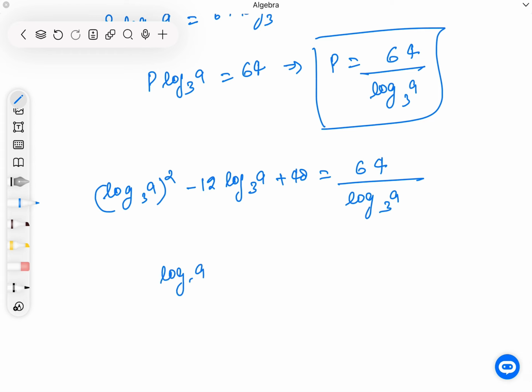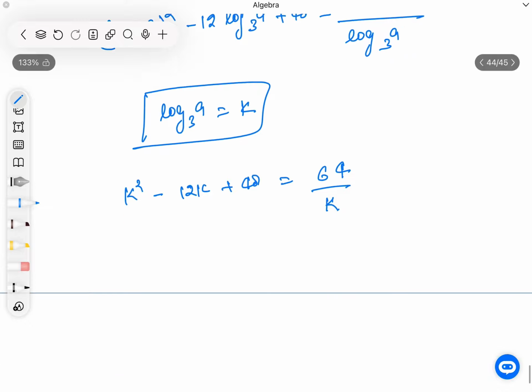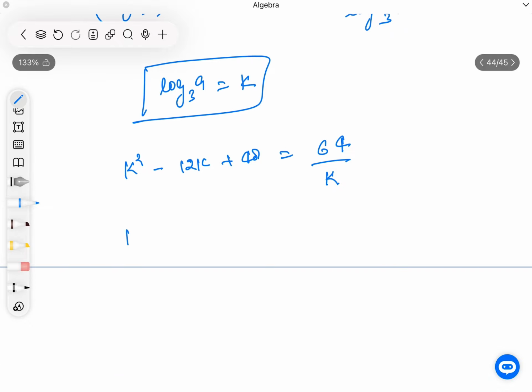Let's take log of a with base of 3 as k. So this would be k² − 12k + 48 = 64/k. Multiply: k³ − 12k² + 48k − 64 = 0.